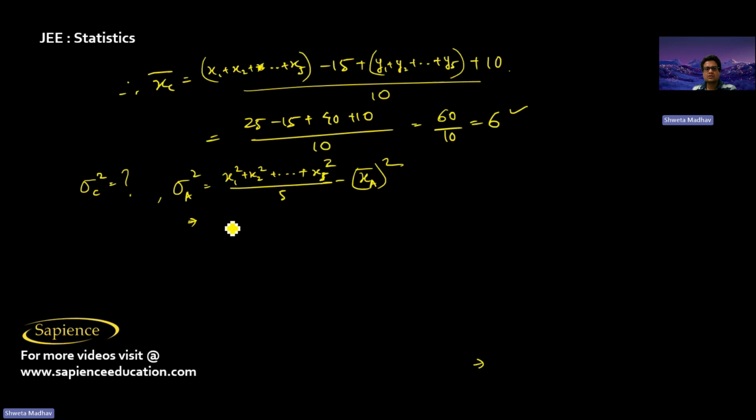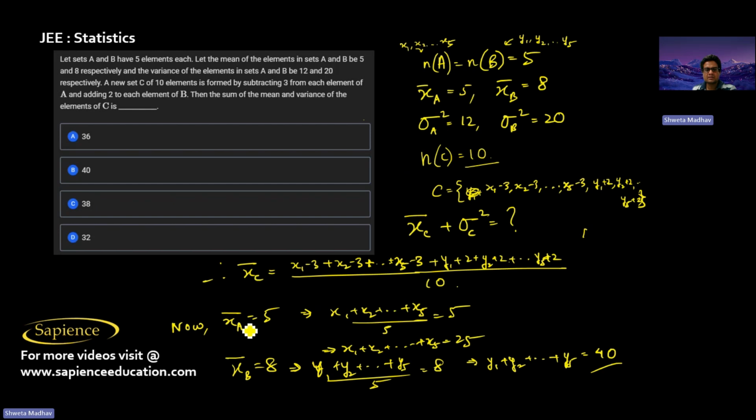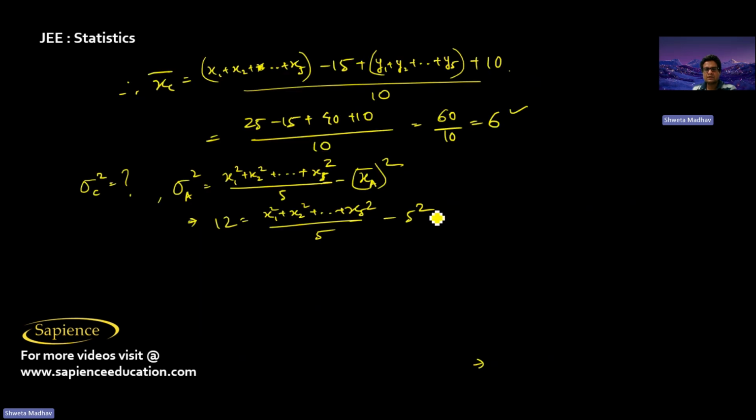That means 12 = (x1 squared + x2 squared + ... + x5 squared) / 5 - 5 squared. So the sum of the squares is 12 plus 25, that is 37, into 5.